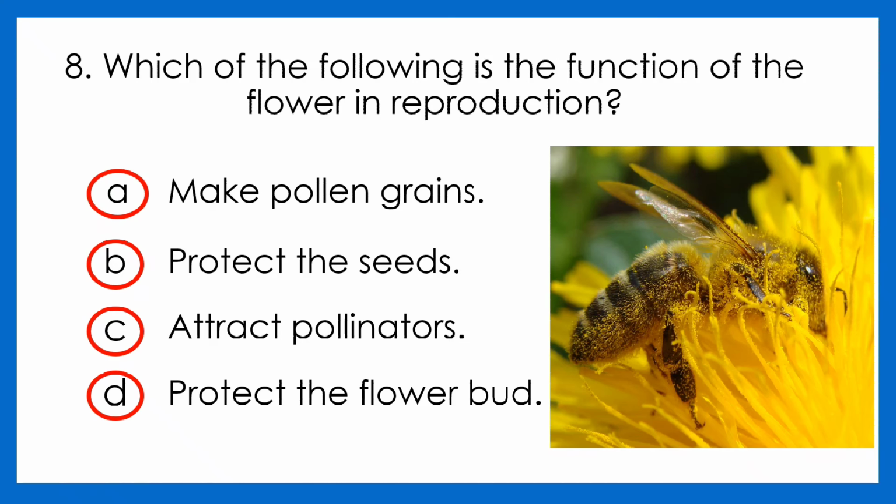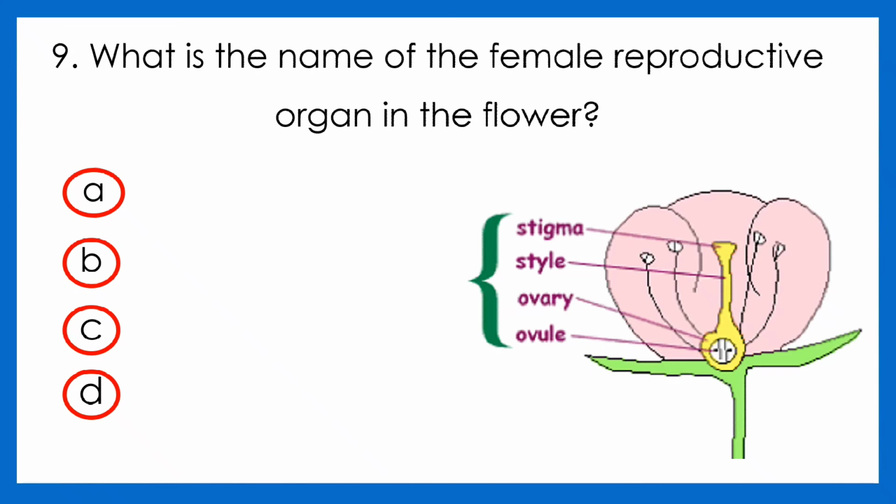And let's move on to number 9. Number 9 is, what is the name of the female reproductive organ in the flower? Is it letter A, filament?